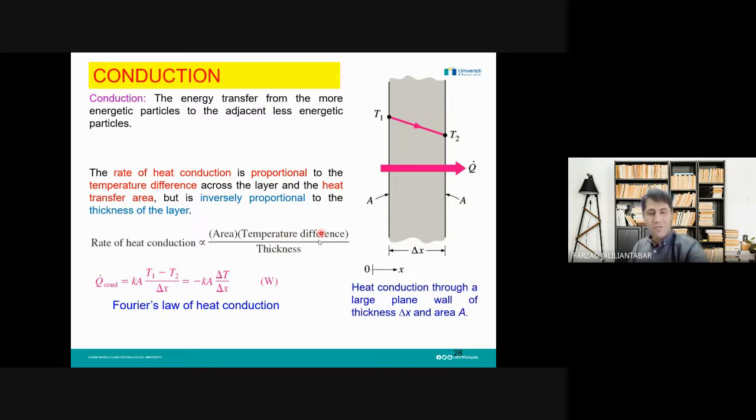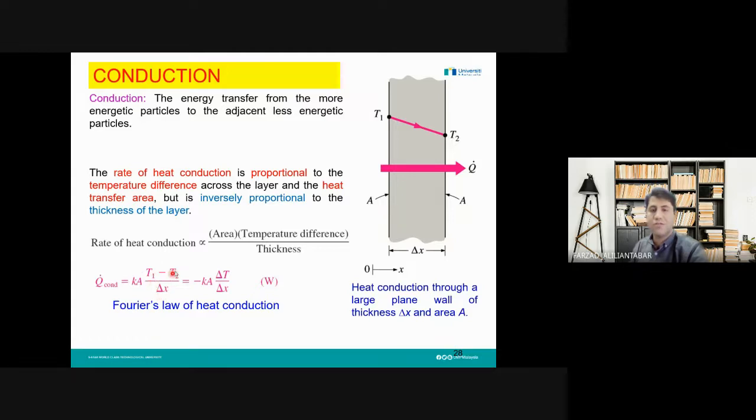Based on this finding, an equation was developed by Fourier, and it is like this: Q dot conduction, or heat transfer rate by conduction, is equal to K A (T1 minus T2) divided by delta X.